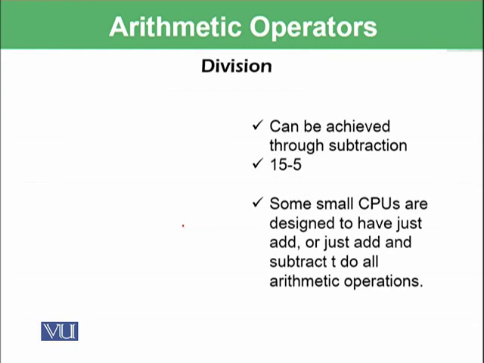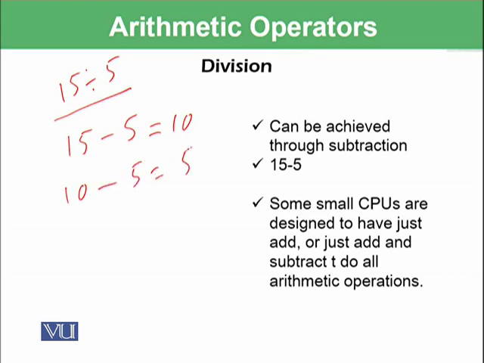And then the division can be achieved through subtraction. For example, we want to divide 15 by 5. What we will do is subtract 5 from 15, that would be 10. Then 10 minus 5 would be 5. Then 5 minus 5 would be 0.